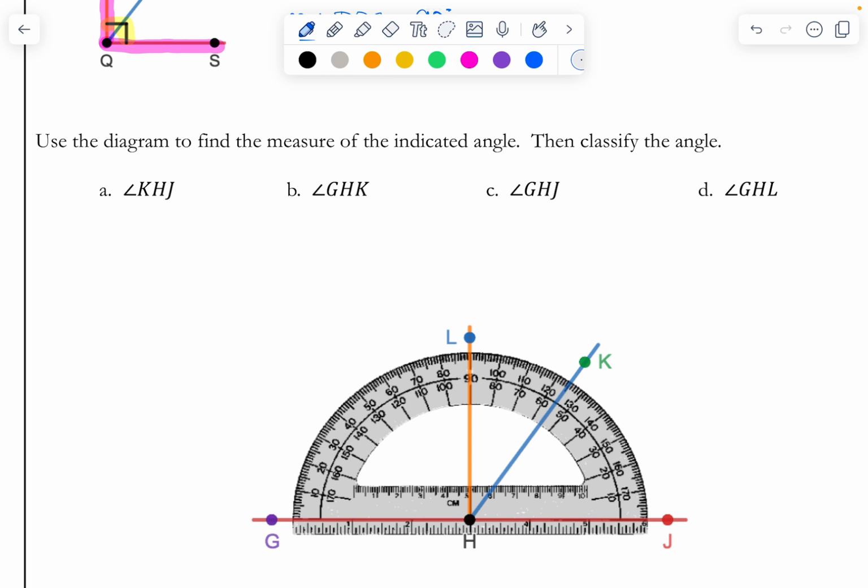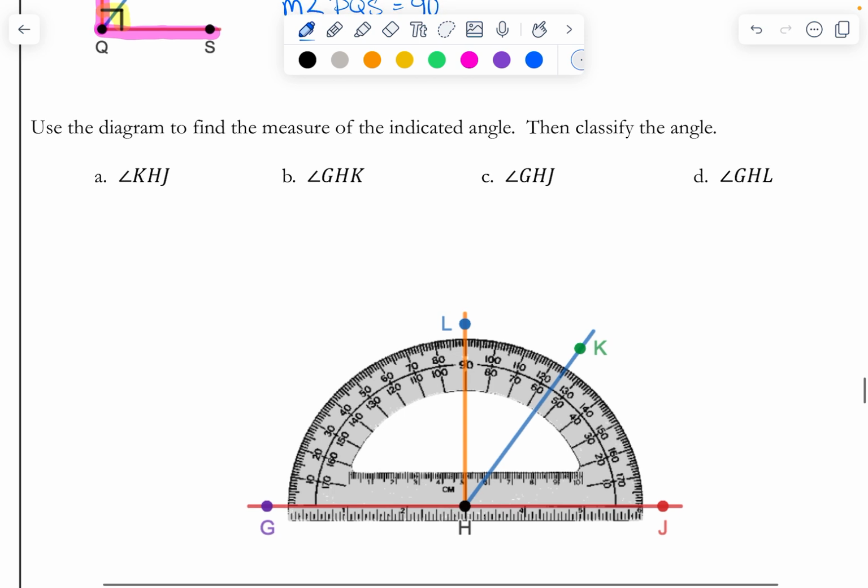Okay. Last one, they want us to use the diagram to find the measure of the indicated angle, then classify the angle. Okay, so for A, we're looking at KHJ. So let's highlight this. Here is where J is considered 0.